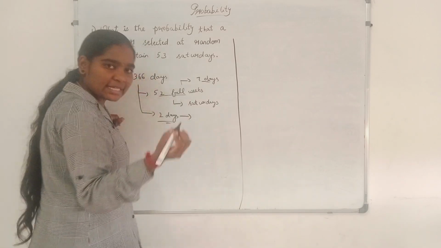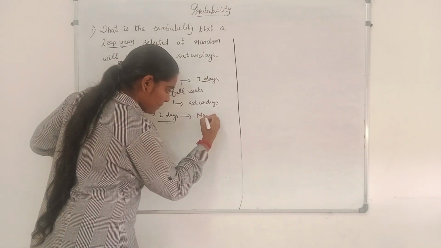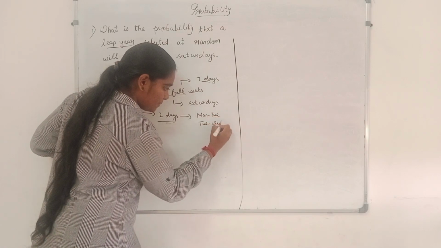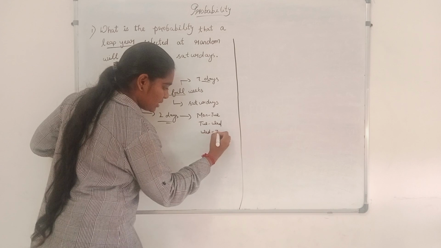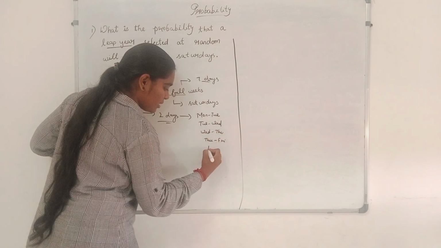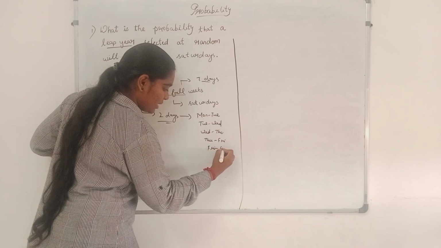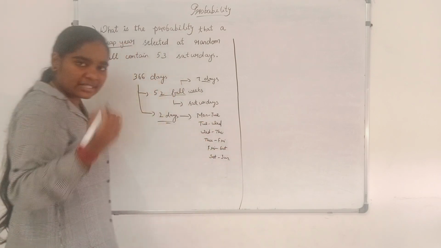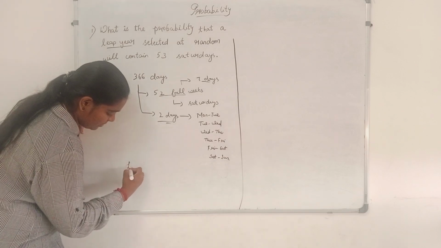So these 2 days may be Monday-Tuesday, Tuesday-Wednesday, Wednesday-Thursday, Thursday-Friday, Friday-Saturday, Saturday-Sunday. So first step is you have to write a sample space.